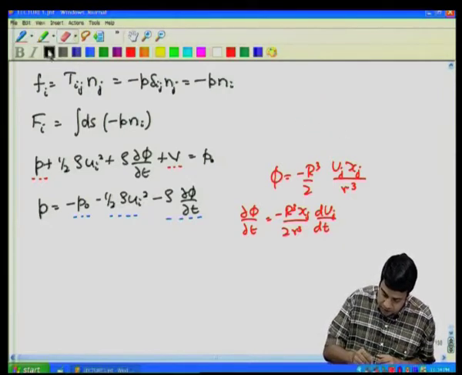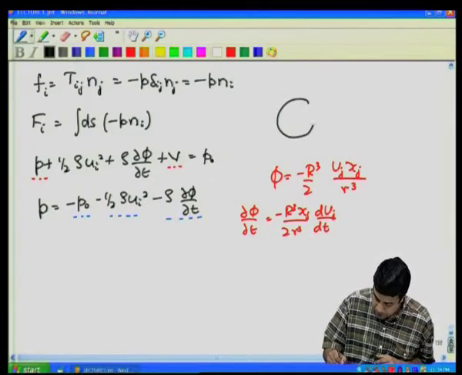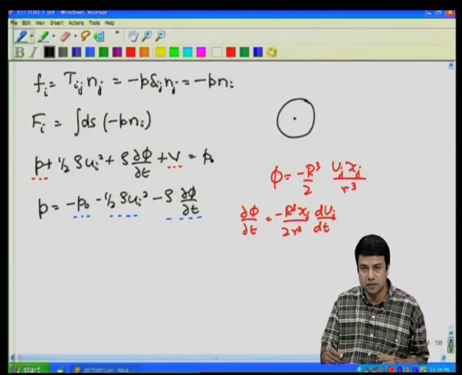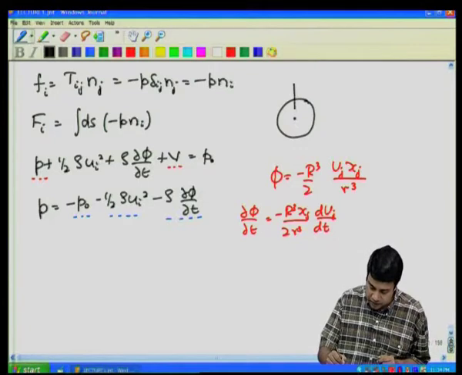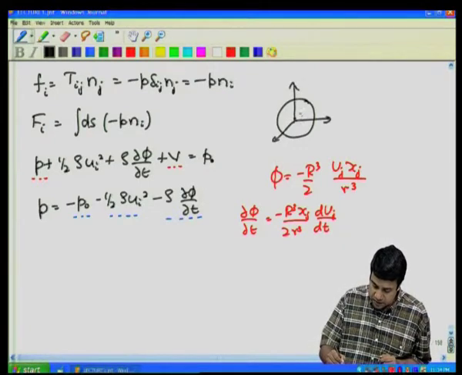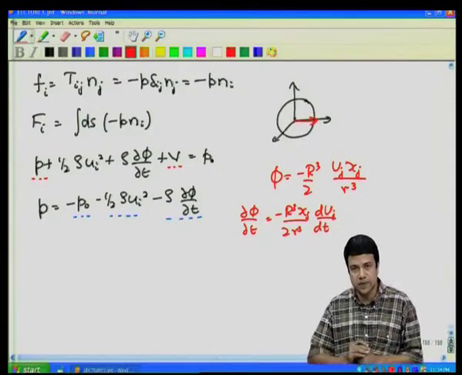The reason it is not is because I have solved the problem in a coordinate system with origin fixed at the center of the sphere, and the sphere itself is moving with a constant velocity.